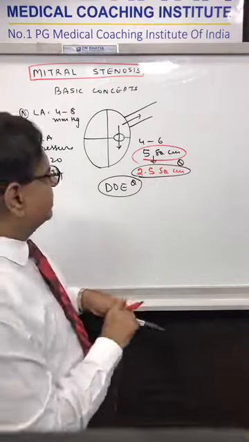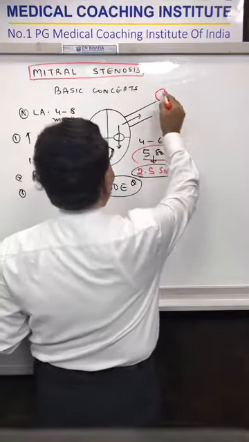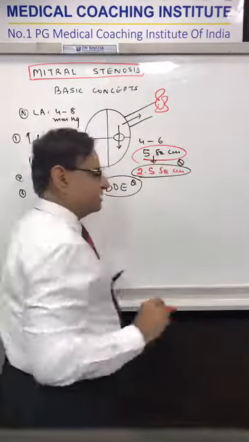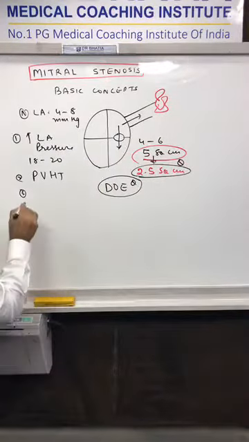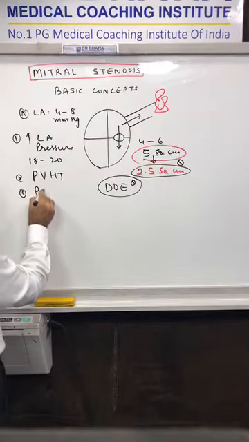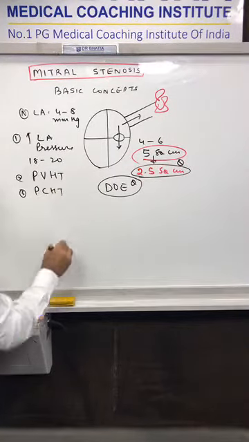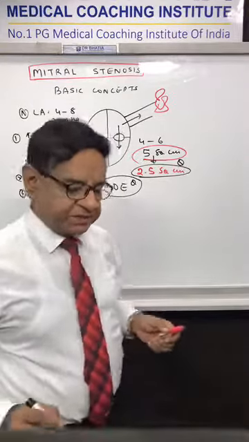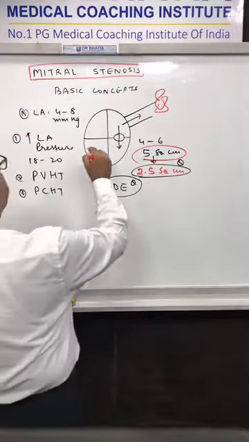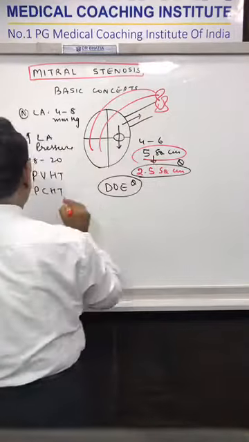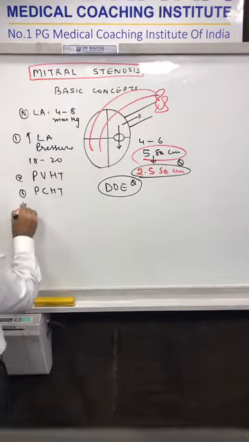After that, pulmonary capillaries are congested, and there occurs pulmonary capillary hypertension. And still later on, pulmonary arterial hypertension occurs.